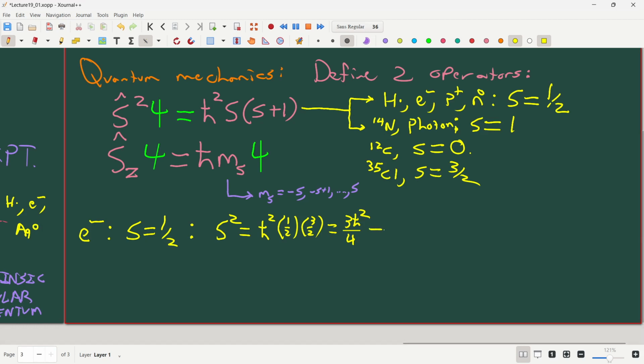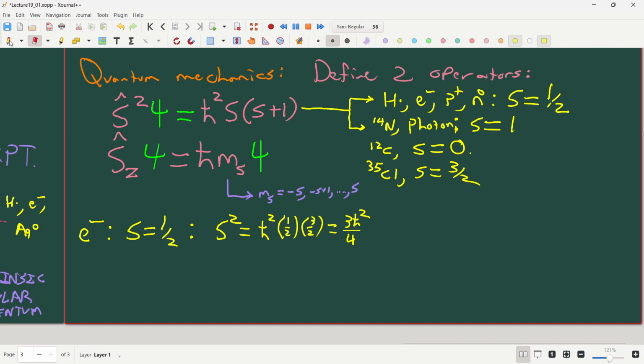Right, and so that means that the length of that angular momentum vector for the electron is always 3h bar squared over 4. So it always has the same amount of angular velocity, if you will. The rotational speed of the electron is fixed about whatever it's rotating about in this way.